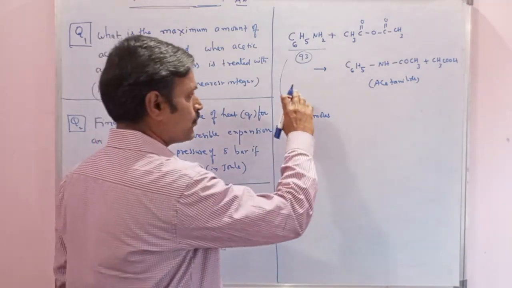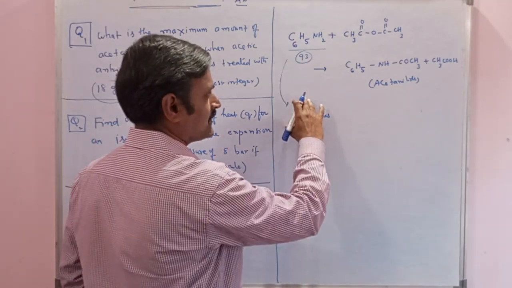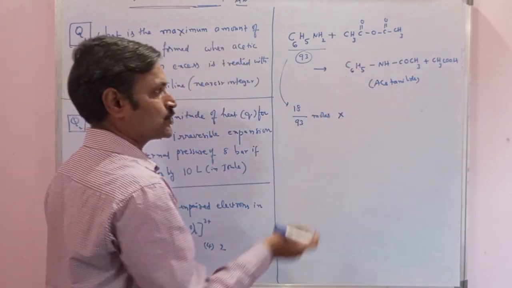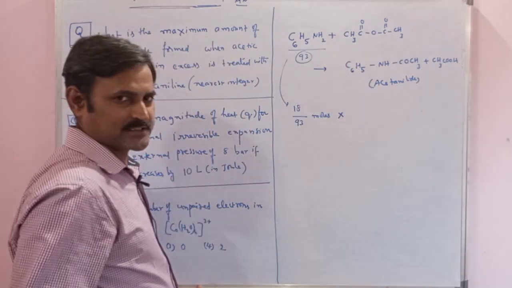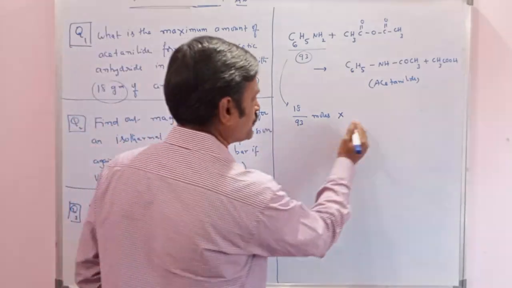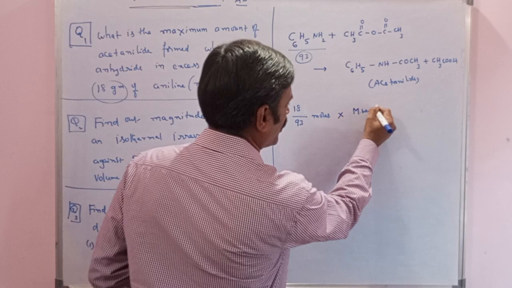That means moles of aniline will be considered as the moles of acetanilide to find the mass of acetanilide. So how we will find the mass of acetanilide? Number of moles into its molecular weight.